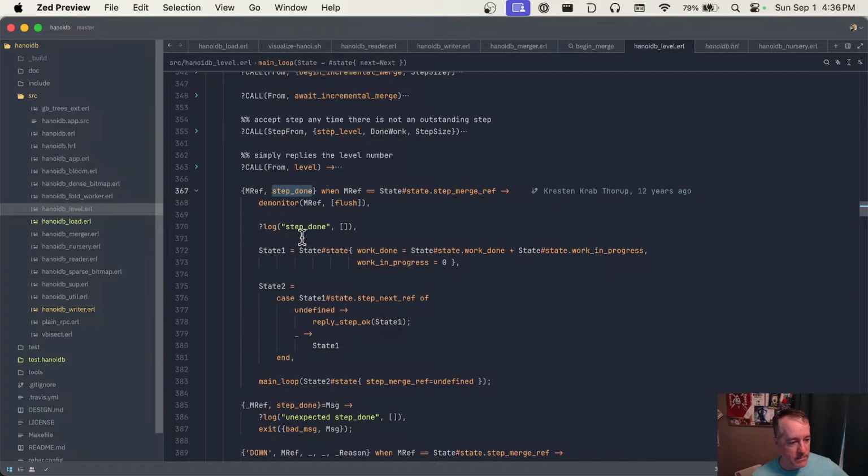Then, okay, and so then it's going to add how much, because remember we recorded how much work in progress was going to happen, and then add that to the total amount of work done already, and set work in progress to 0.